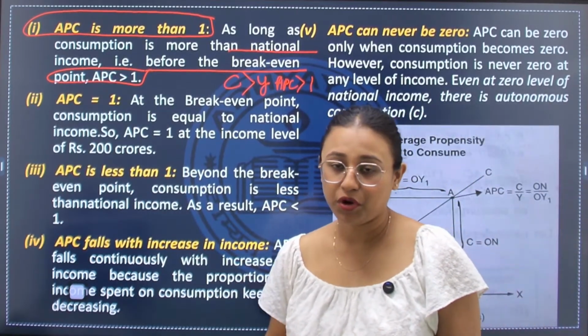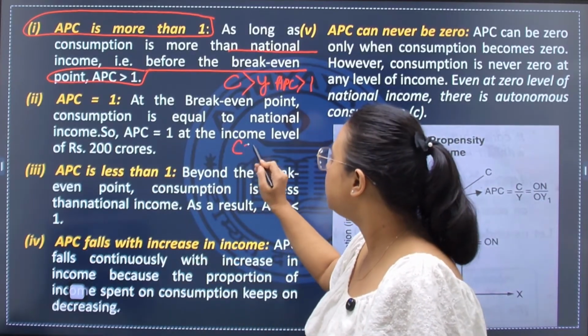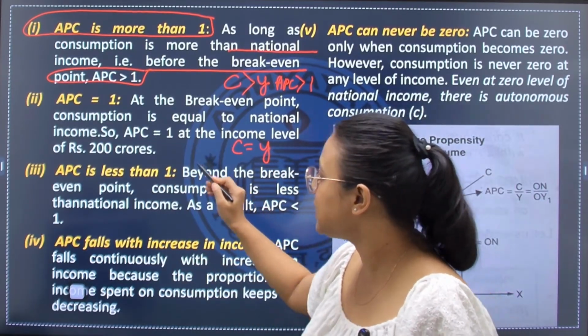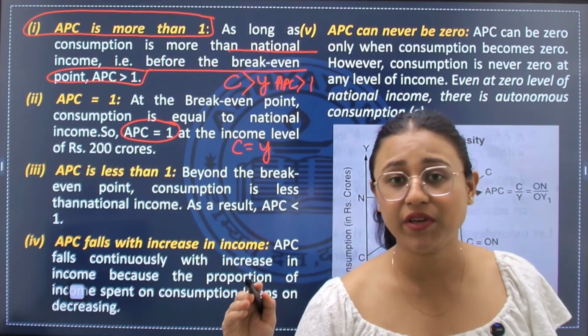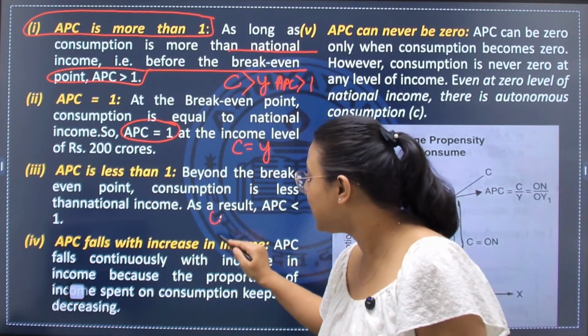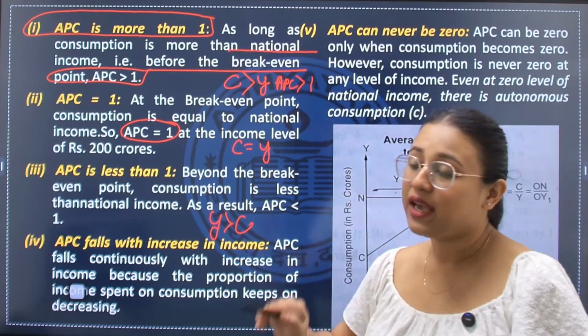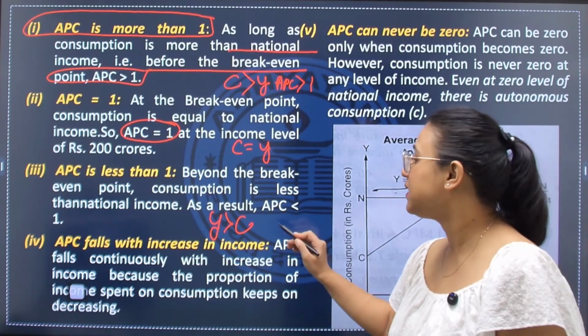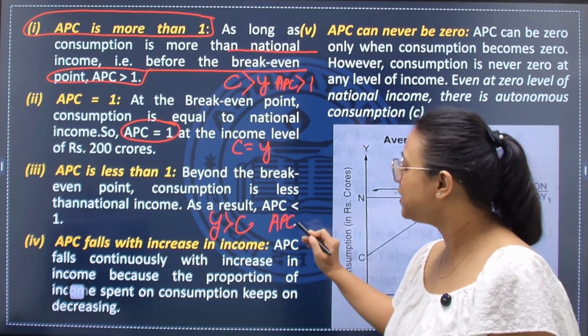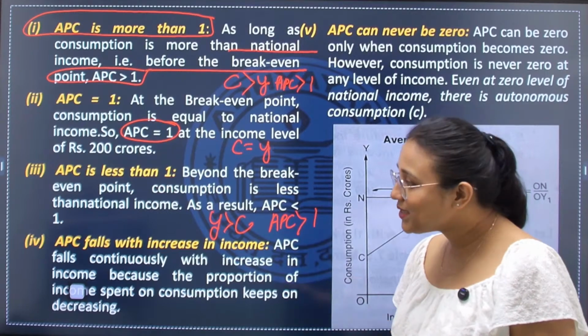At the break even point, when your consumption and income become equal, APC becomes 1. Beyond the break even point, we see that income is greater than consumption, and where savings are made, we see APC is less than 1. What is the meaning?